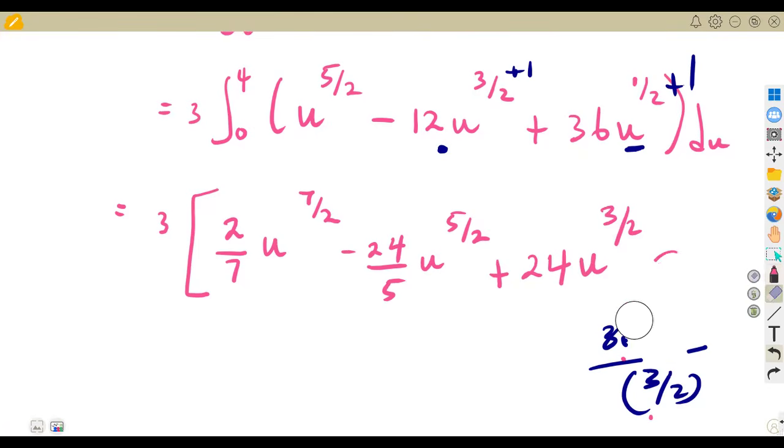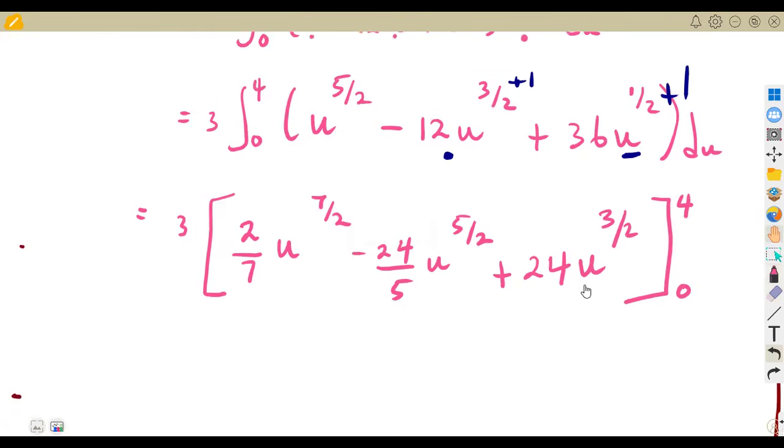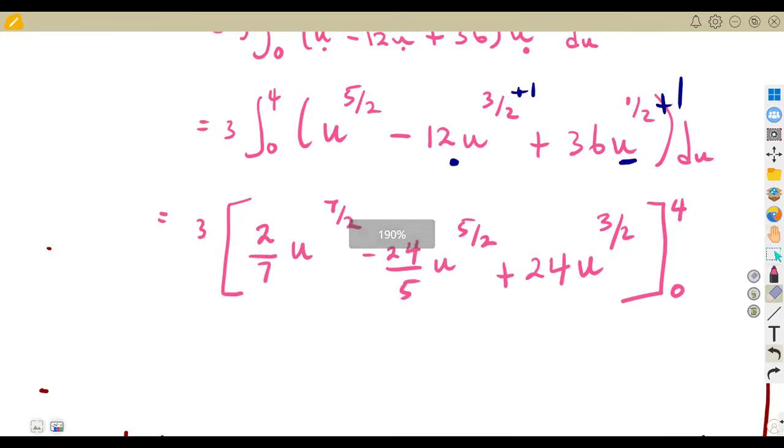Remember, we still have this, to the exponent of 3. We have integrated everything. And with respect to u, our limits are as follows, for 0 to 4. So you're going to substitute upper limit minus the lower limit. And this gives us our second area moment. All right, so that's it. So this will be 3 into, we substitute our upper limit in place of u, you're going to substitute a 4.